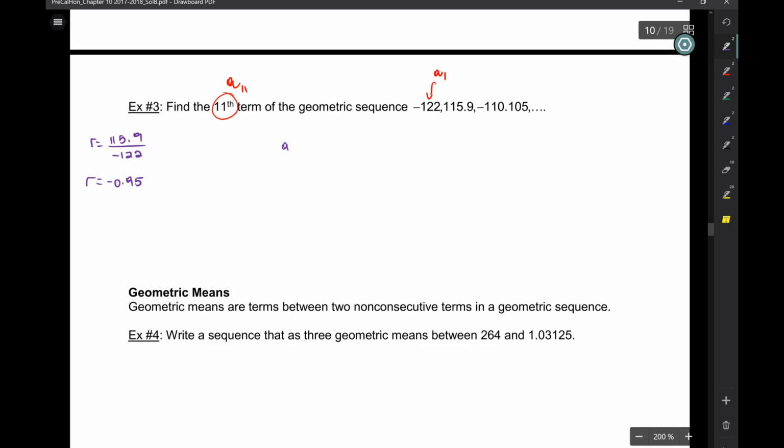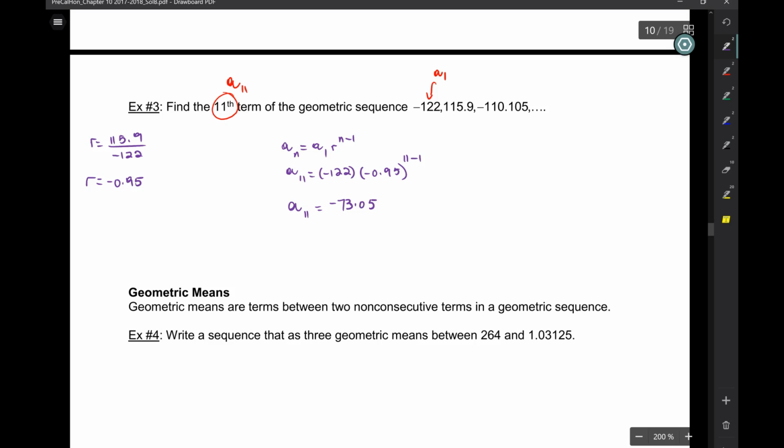So AN, we know, is A1 R to the n minus 1. A11 is negative 122 times R to the power of 11 minus 1. And I know you all know how to put that in your calculator. In fact, I did that, and I got negative 73.05.